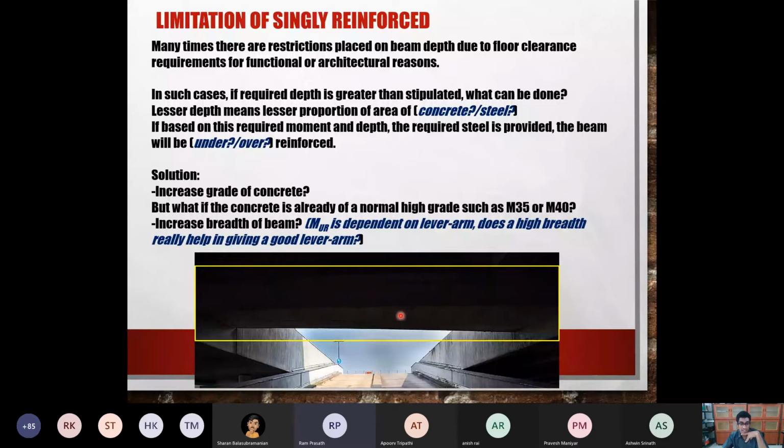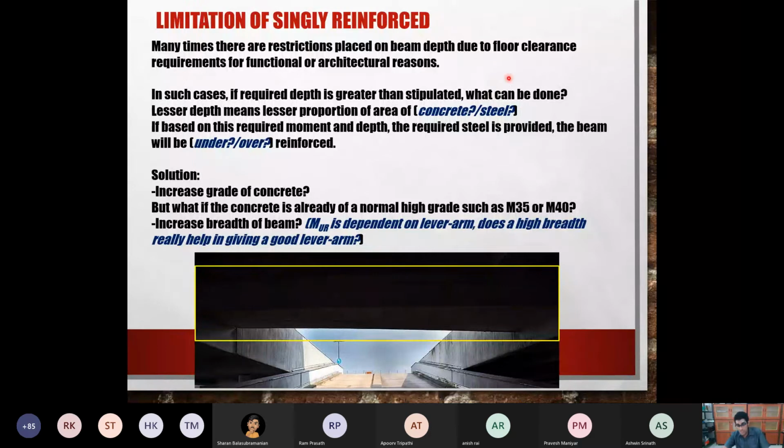So if you want to increase the moment of resistance, what do you prefer increasing, breadth or depth? Depth. You want to increase the depth because that will give you a great range. So increasing the breadth is not very effective. You will have to give a very long breadth, which is useless, to be very simple. So increasing the depth is the only solution. Increasing the breadth does not help much.